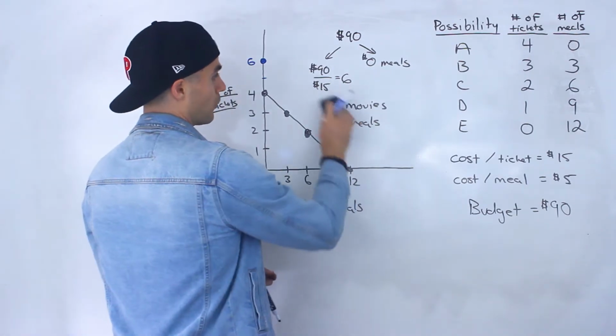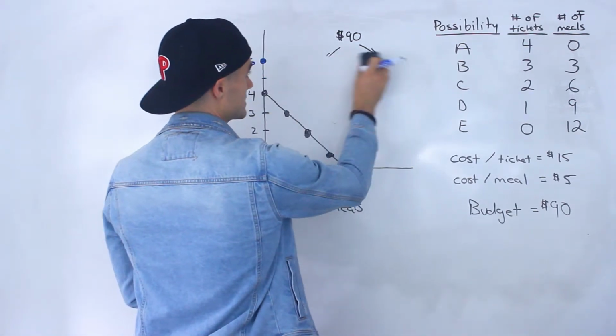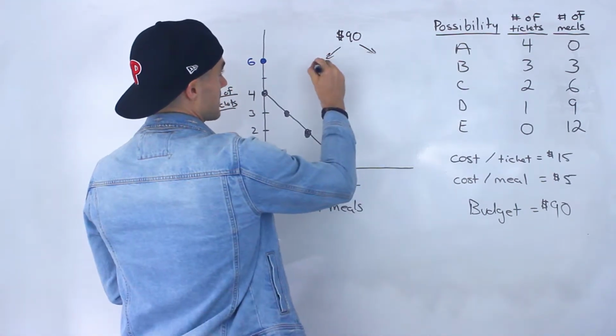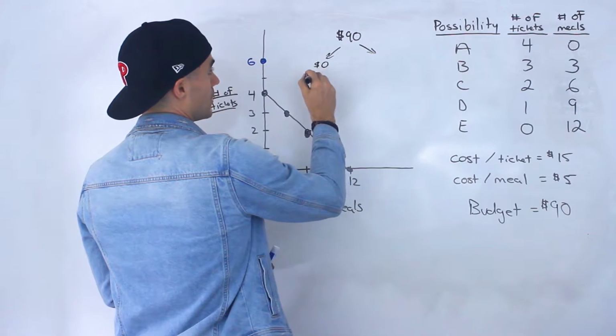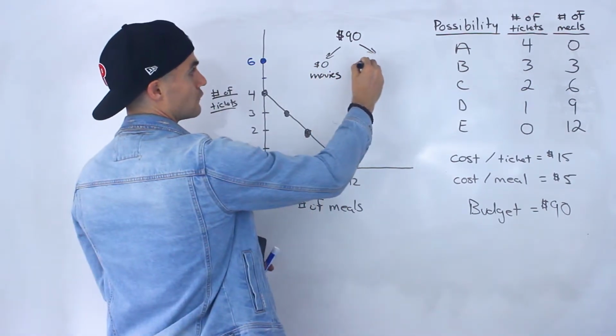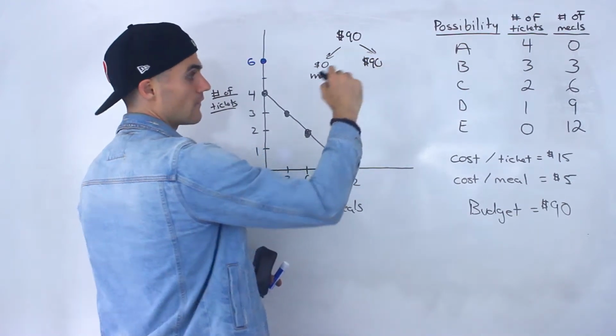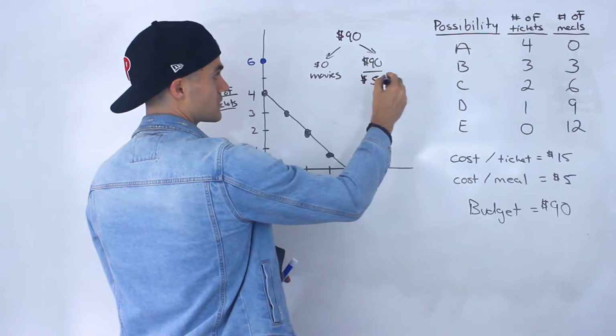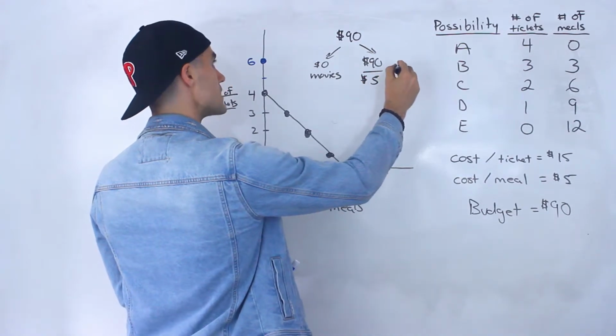And let's figure out what the point on this axis is. So let's say we spend $0 on movies. And then the full $90 is going to be spent on the meals. Each meal costs $5. So that's going to be what? 18?